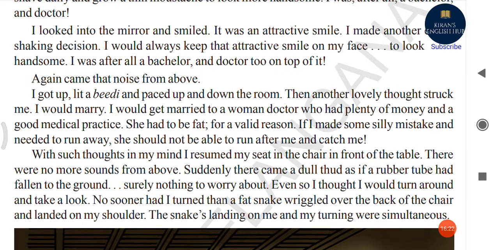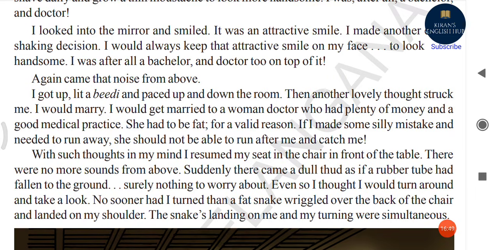No sooner had I turned than a fat snake wriggled over the back of the chair and landed on my shoulder. So as he turned around to take a look, there was a snake. Wriggled means creeping, coming from above, and it landed on his shoulder.